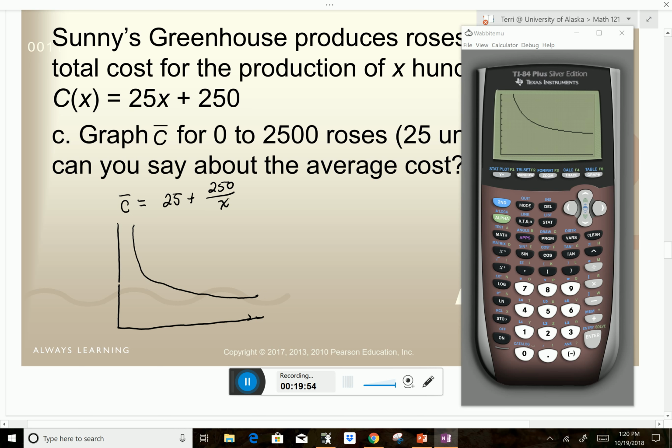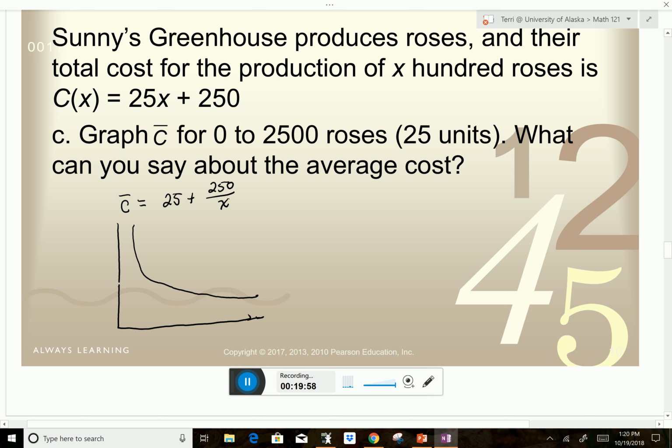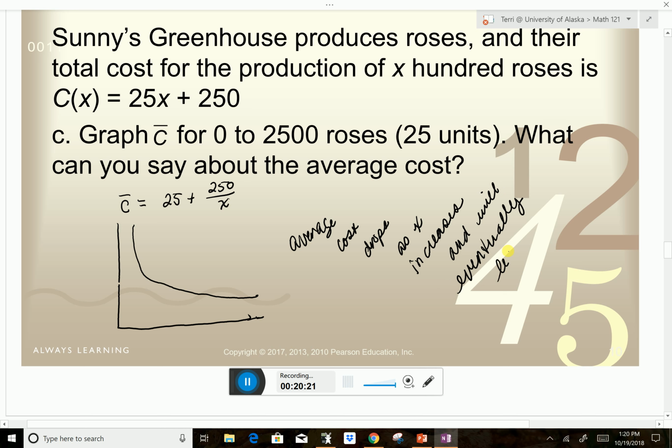So now we can say that the average cost drops as x increases, and will eventually level off.